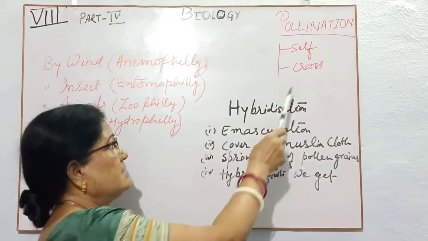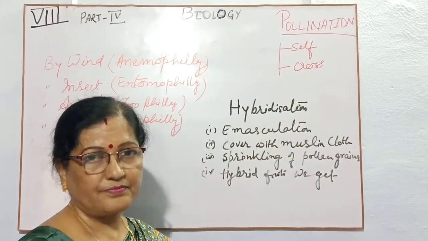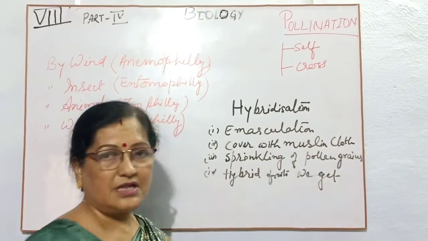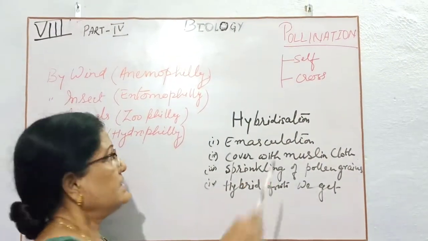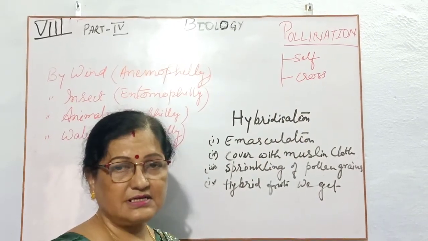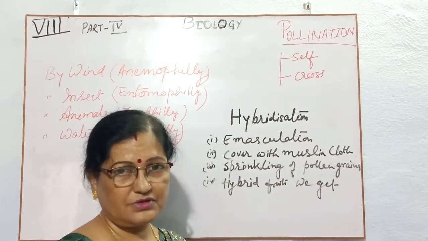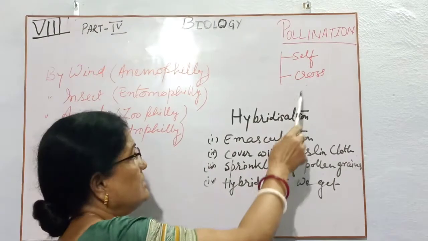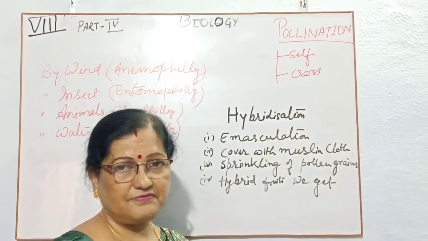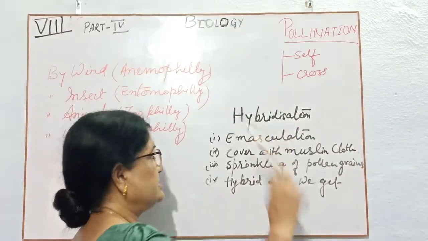This is cross-pollination. Now you can understand that self-pollination cannot give us different varieties of fruit, but cross-pollination can give us different varieties of fruit by crossing each other.